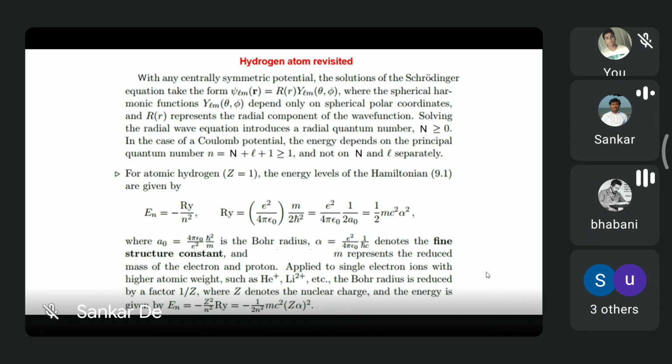In FAIR, there is a fixed-target accelerator experiment: a fixed target of gold, and we have ions smashing on it, and we are seeing the pions and mesons and other things.